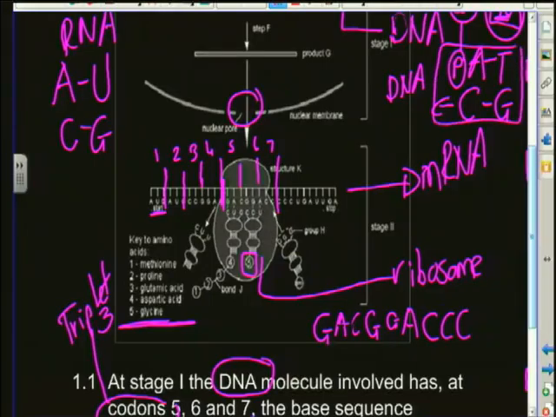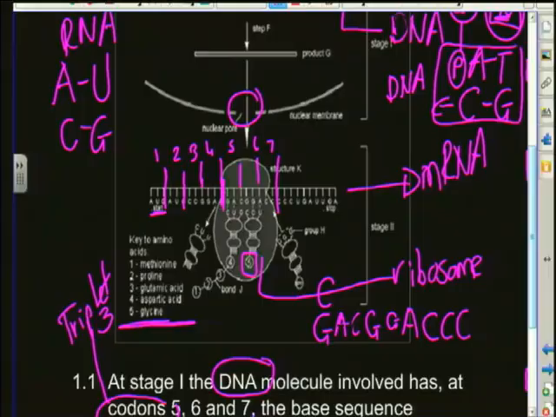So if I go up a little bit, those are my rules. A goes with T, adenine goes with thymine, cytosine goes with guanine. G goes with C. A goes with T. It's on the DNA.